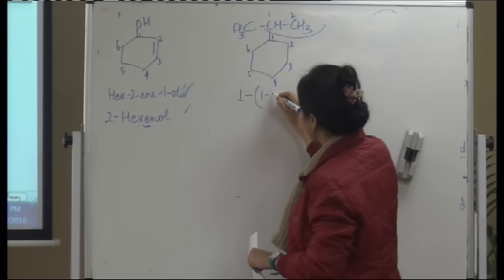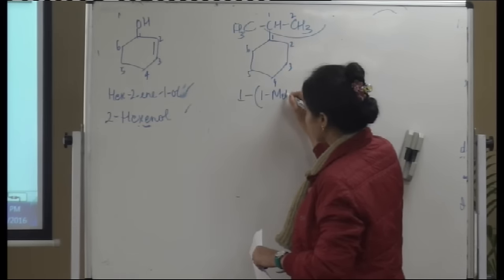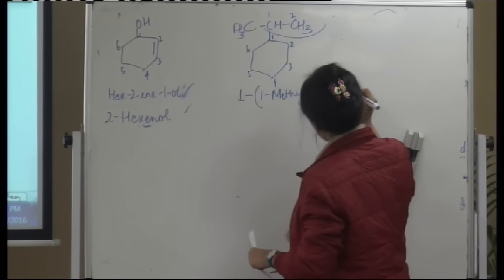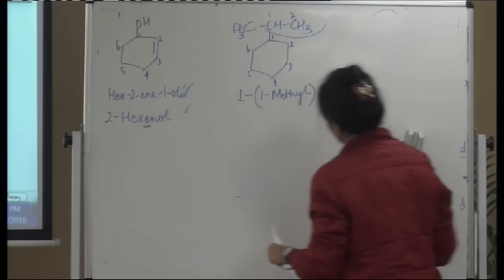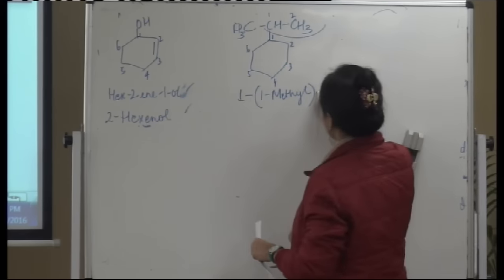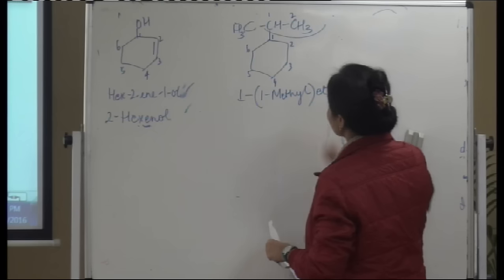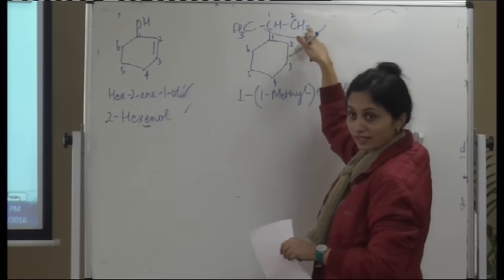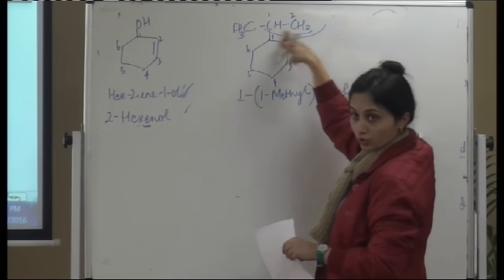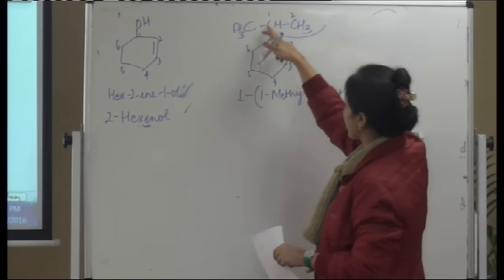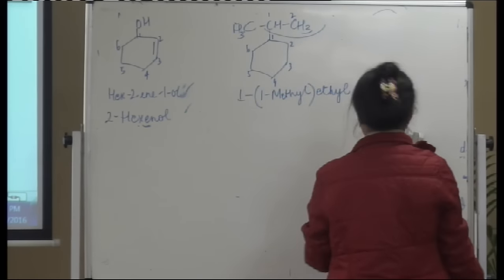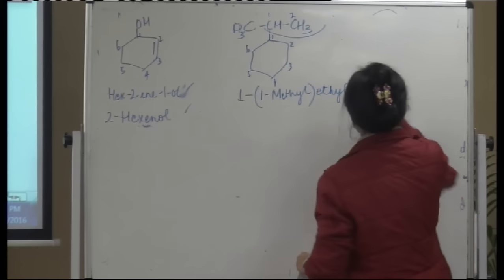That will be my 1, first letter capital, right? It will be 1-methyl, and then you have 1-methylethyl, right? Because this is your ethyl. The 1-methyl is a side group to your ethane chain. So that is your ethyl, and then you have cyclohexane.